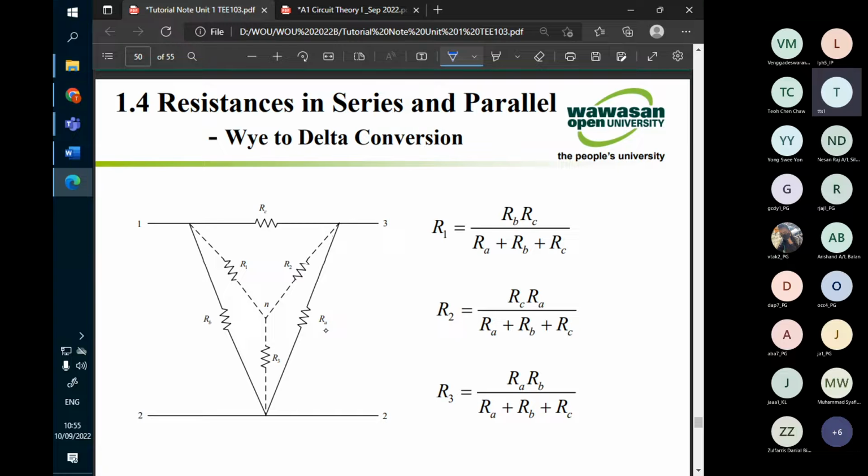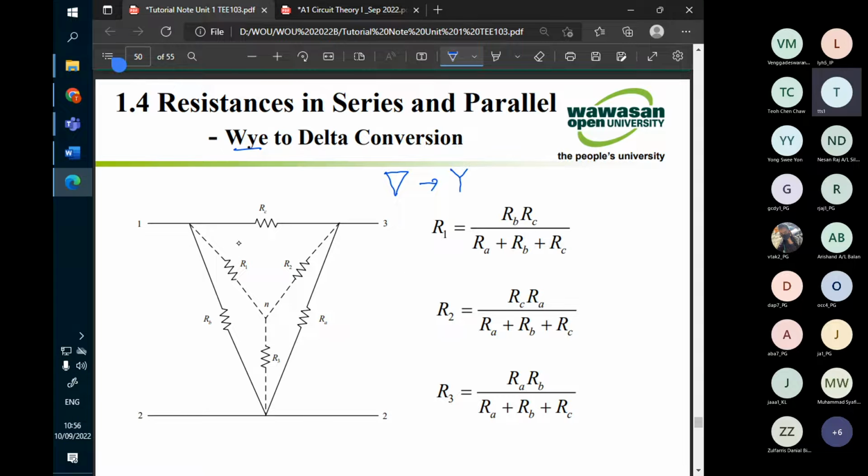The solid line is RA, RB, RC. So this one says that you can convert the circuit from delta into, well, I call it the Y, but they call it the star. Oh yeah, this is a Y, sorry. They call it the Y. You can convert the delta to Y using a formula like this.